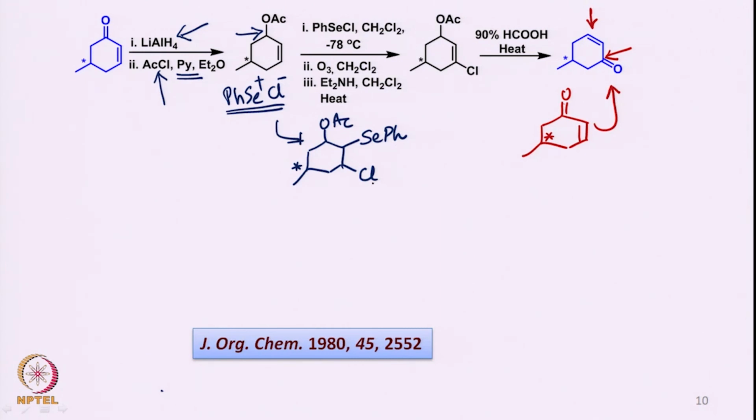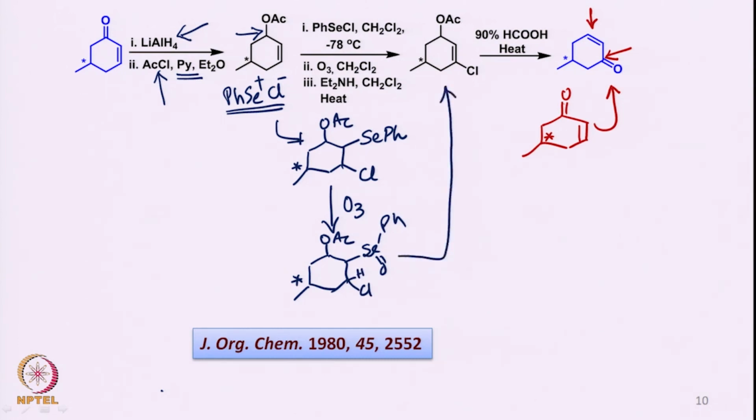Now when ozone is allowed to react with this intermediate, what is formed is a selenoxide, and you have one hydrogen here, and this undergoes elimination to give this double bond.